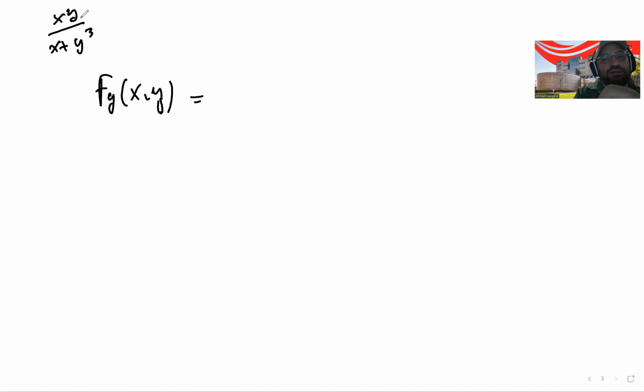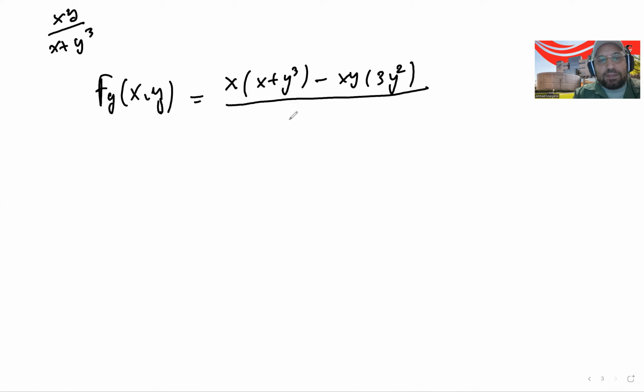Then if you take the derivative with respect to y, then you have x times x plus y to the power of 3, and minus xy times the derivative of the denominator with respect to y, and that is 3y squared, and the whole thing over x plus y to the power of 3, squared.